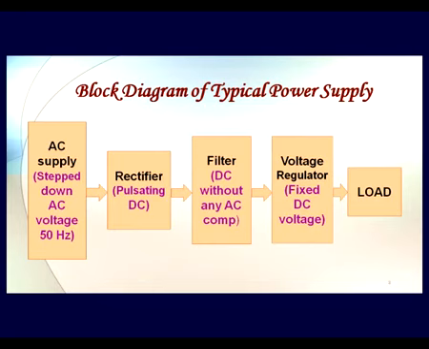But this DC is not a regulated DC. It depends on what the input voltage is. If there is variation in our input voltage, say for example instead of 230 volts the mains shoots up to 260 volts, or comes down to 200 volts, then that variation at the input is reflected proportionally at the output of our step down transformer, which gets rectified but not corrected.